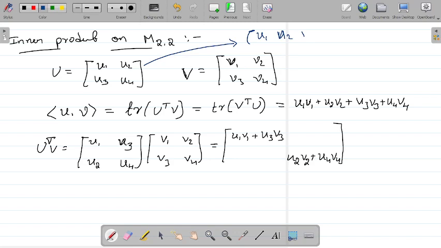So now you can check that there is no doubt it satisfies all properties of inner product. If you have any doubt, just check it. So this clearly defines an inner product on 2 by 2 matrices. What happens if I take 3 by 3 matrices? Can I do the same thing? Think about it.